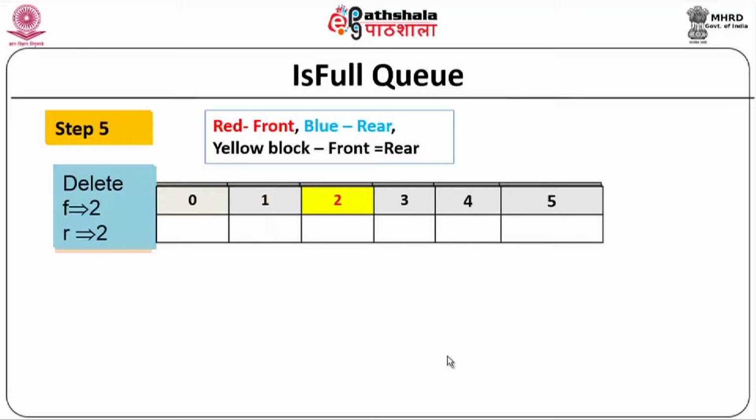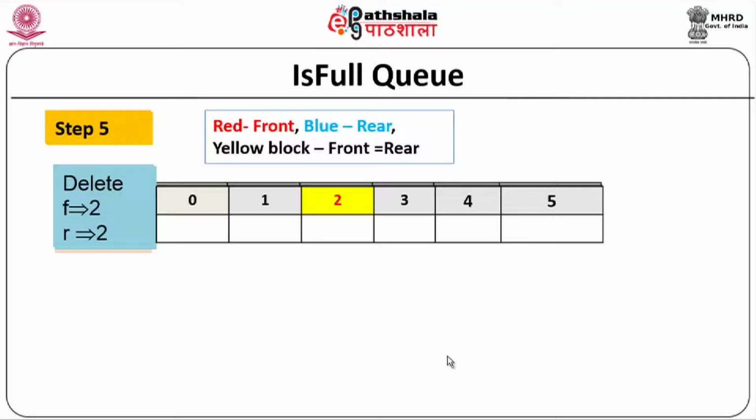When I do a deletion, front becomes 2, rear is 2, that is why you have that yellow, both are pointing to the same location. Now, we will again continue the operation. Remember, full signals only when rear is equal to max minus 1. In our case, max capacity is 6, so max minus 1 is 5. So, when rear is 5, we will get a signal.